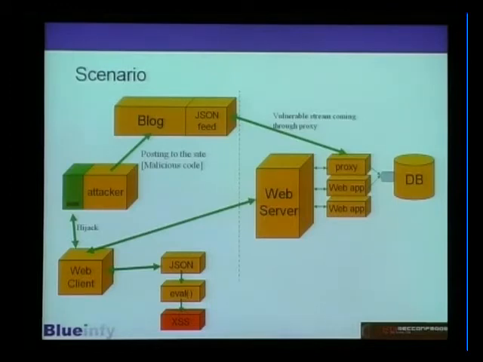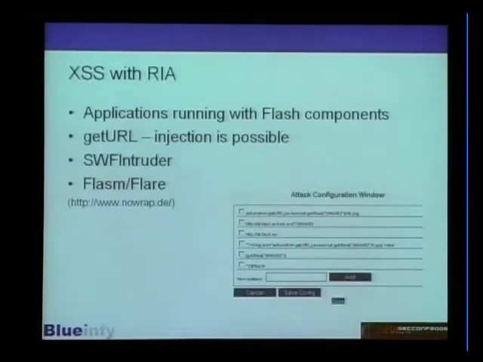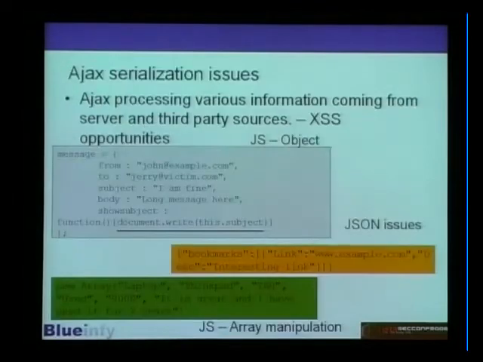So that JSON feed will tunnel through the proxy, go to the web server, come to the web client, and then it will process your JSON and do the eval. As soon as it does the eval, if your stream is not validated and has malicious code inside, that is going to cause cross-site scripting on your browser.